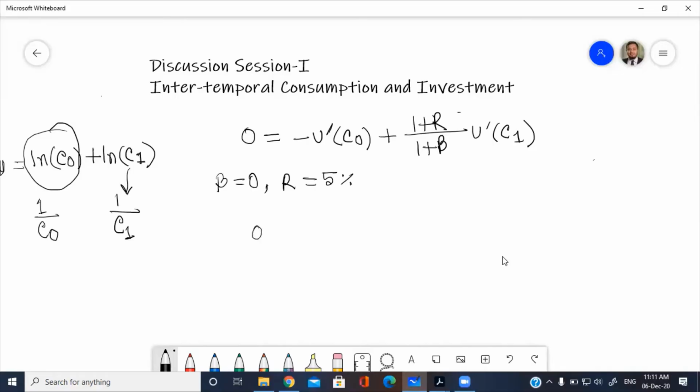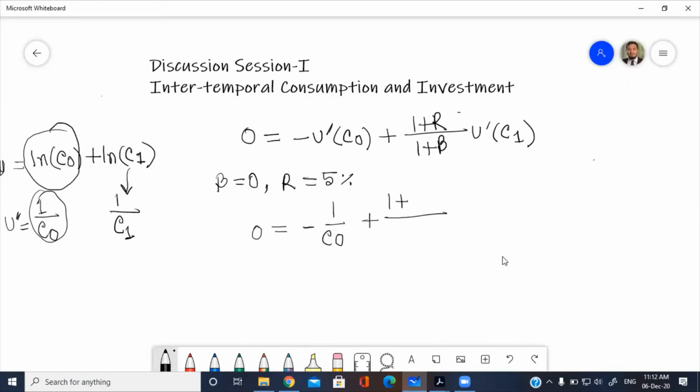Okay, so let me write it for you. We have got u prime of C0, the first derivative of log of C0, which in our case is 1 by C0. That means the utility of current consumption is here. We are just replacing it here.